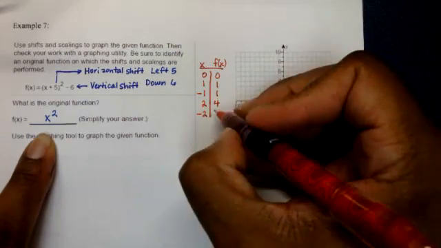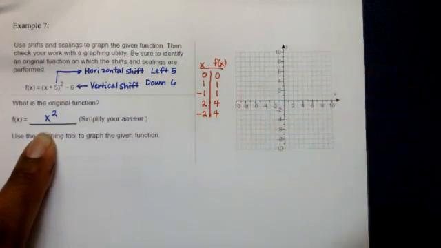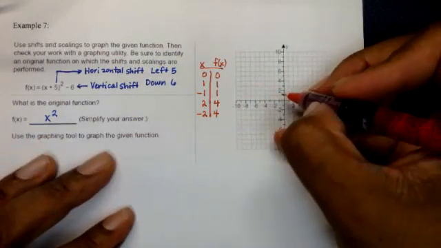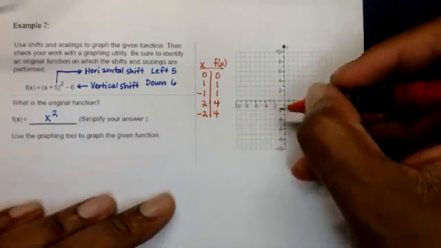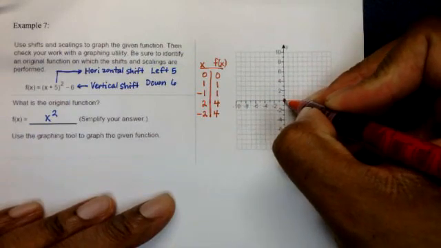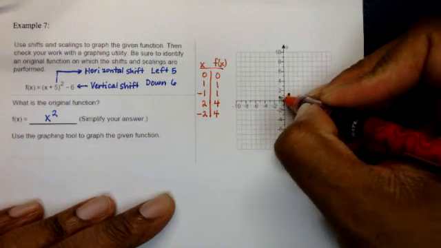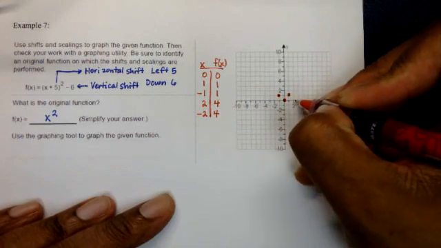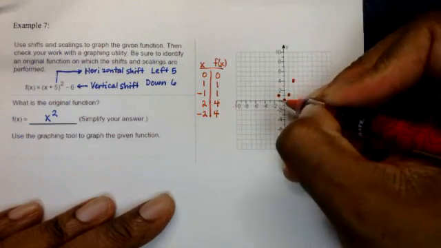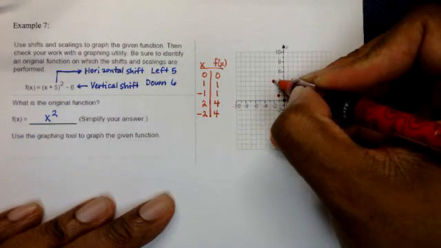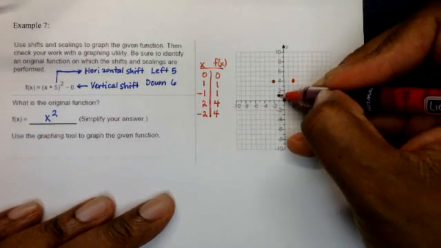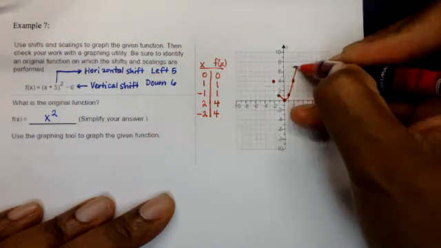At -2, squared will be 4 as well. So we know this is symmetric about the y-axis. So here's (0, 0), (1, 1), (-1, 1), (2, 4), and (-2, 4). So the graph looks like this.